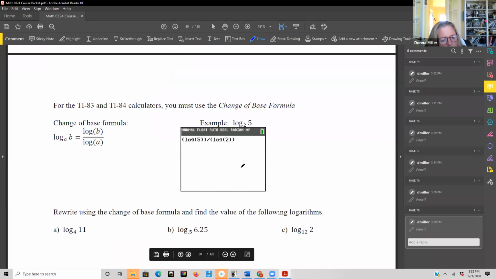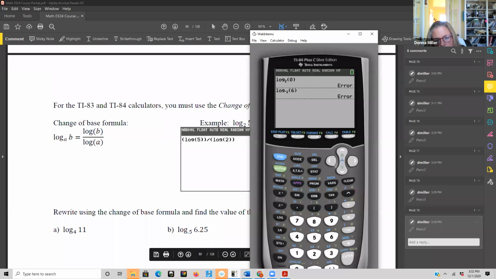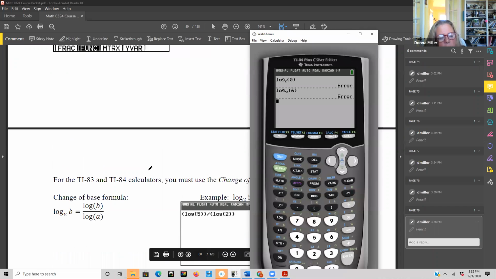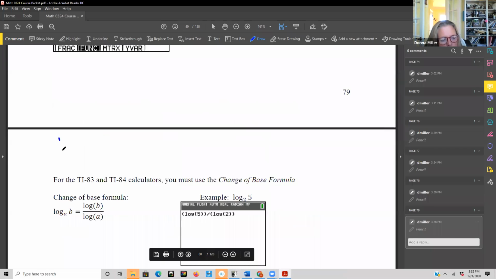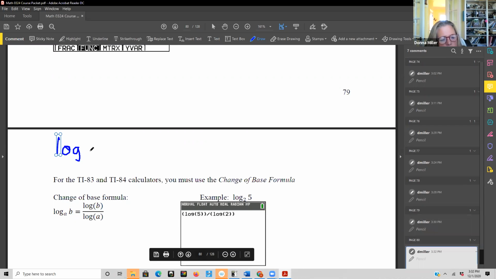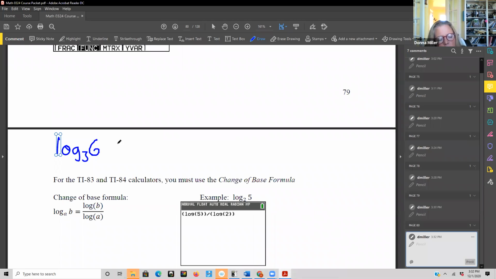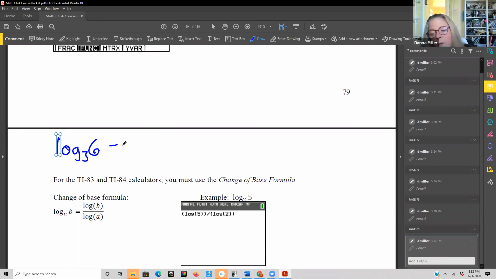Okay. Now, what happens if I have an 83? 83s don't have that button. So you have to do it the old way. If you have an 83, let's say I wanted to evaluate the log base 3 of 6. Your calculator does not have a log base button if you have a TI-83.